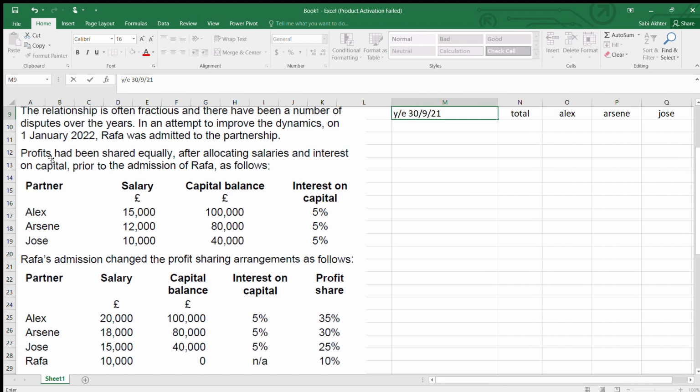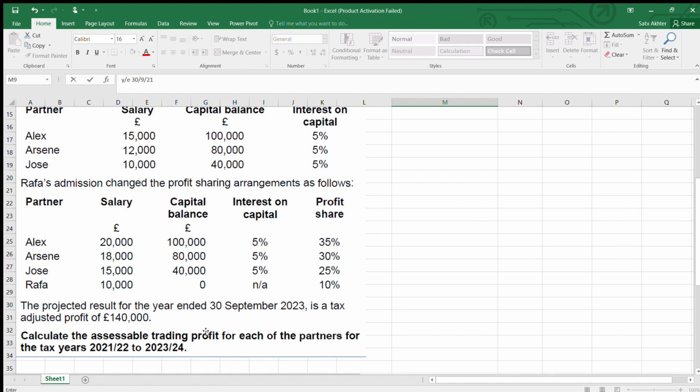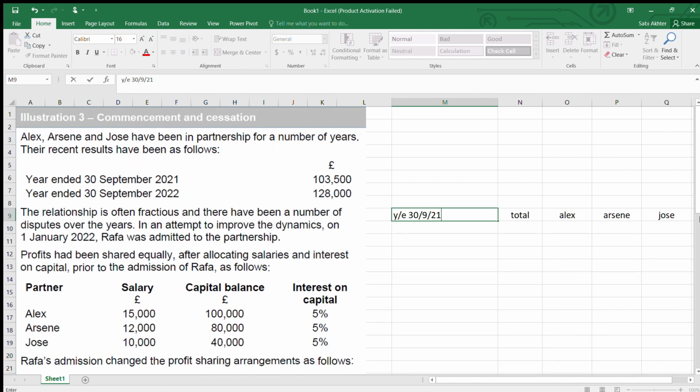When did he join? So they asked for the tax year. But before getting the assessable profit for the tax year, we need to find the profit for each year. Just wait a minute.